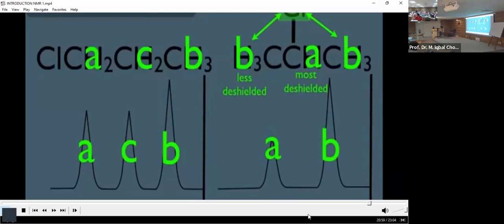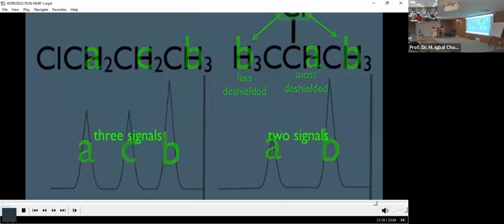So notice it's the HNMR that helps us distinguish these two structures, which means if we throw our unknown sample into the HNMR and we see 3 signals, we know the molecule has to be 1-chloropropane. If we happen to see 2 signals, we know the molecule must be 2-chloropropane.